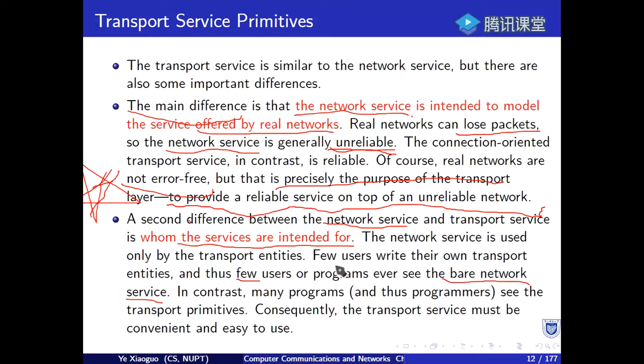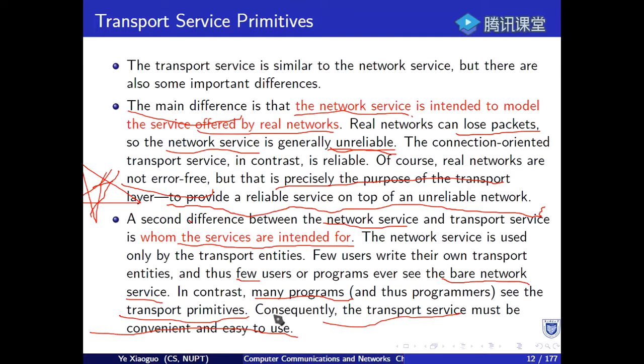So few users write their transport entities based on the bare network service interface. In contrast, many programs see the transport primitives directly. Consequently, the transport service must be convenient and easy to use.